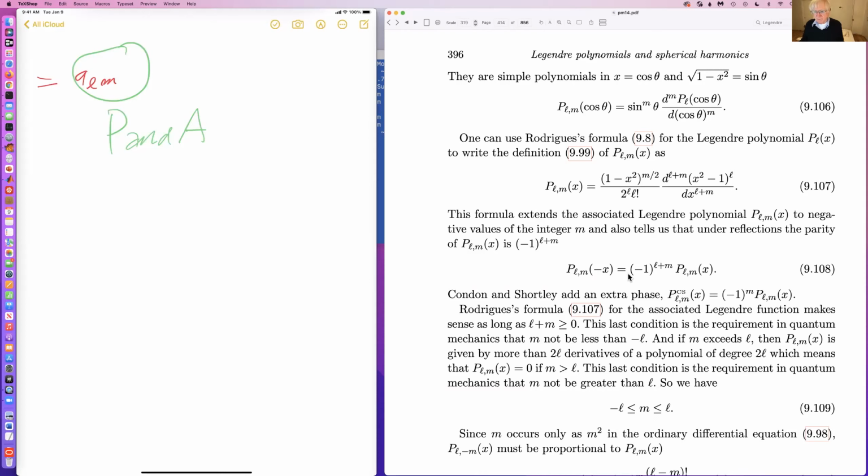The Legendre polynomial has a symmetry: P_L^M of minus x is (minus 1) to the L plus m times P_L^M of x. Some authors have a different definition, but if you're ever doing a serious calculation with them, make sure you adopt one consistent notation.